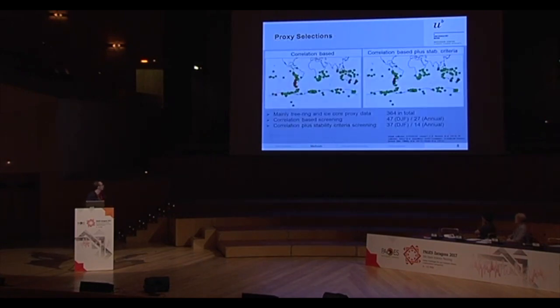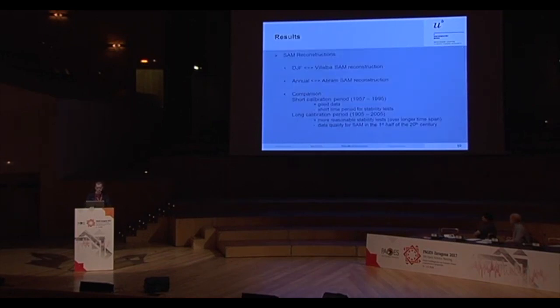This is an overview of the map where we have our proxies, 364 in total. On the left-hand side, in red, is what you get if you use just the correlation-based screening. On the right-hand side is what you get if you additionally impose the stability criteria, with the numbers provided on the right-hand side. The results I want to present are structured as follows.